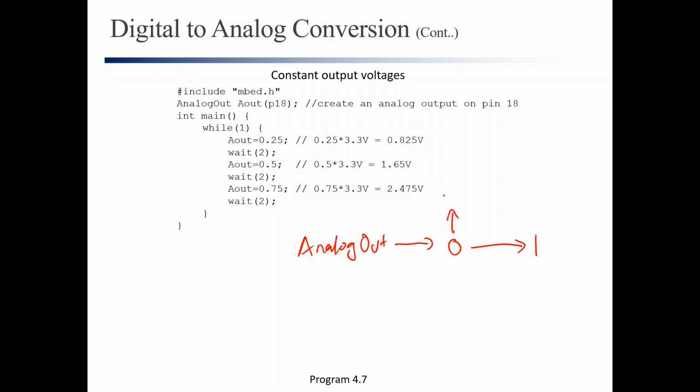So 0 will represent 0 volt and 1 will represent 3.3 volt. If you want to have half of this value, which is here, you need to use Aout equal to 0.5. Then you get the value in the middle, which is 1.6 volt.